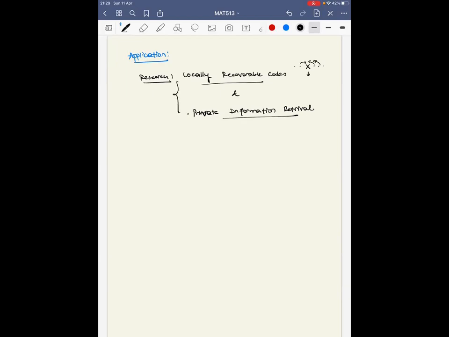So you may come across applications of Reed-Solomon codes in these directions, and at least I can recommend the resource called Network Coding and Subspace Designs. There's a special section which also explains the relations between locally recoverable codes and private information retrieval.